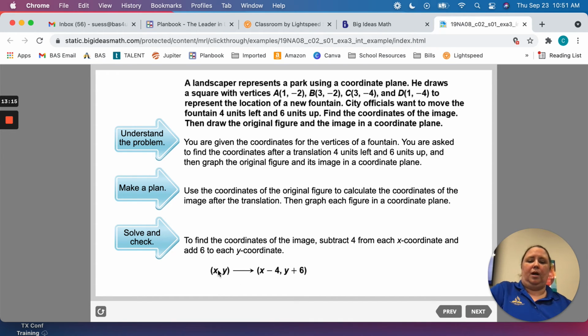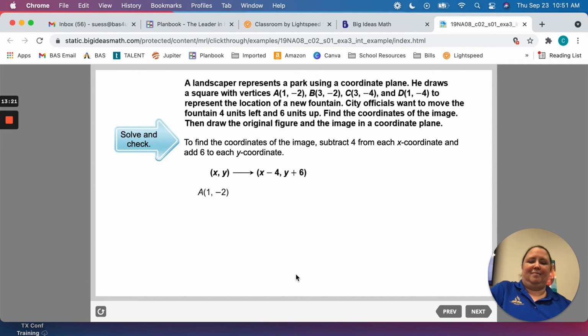The old xy, we're going to subtract 4 from the x and add 6 to the y. So, if the first point is at 1, -2, as it is up here, I'm going to write this as 1 and then what? -4. -3. And then y +6 for the new y coordinate.